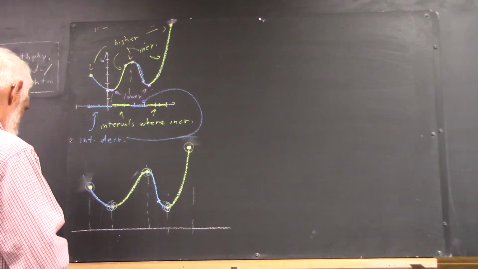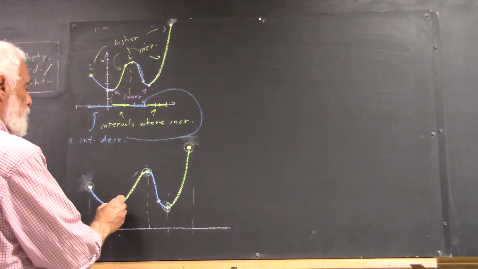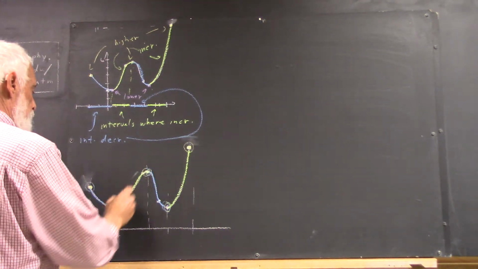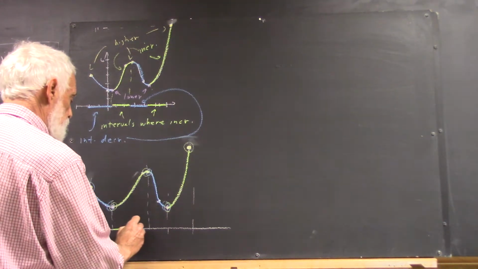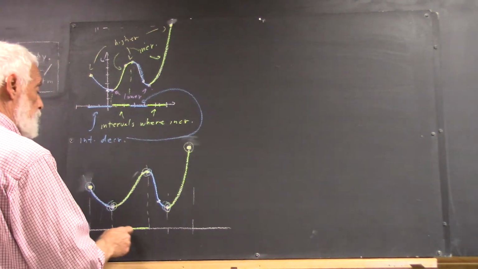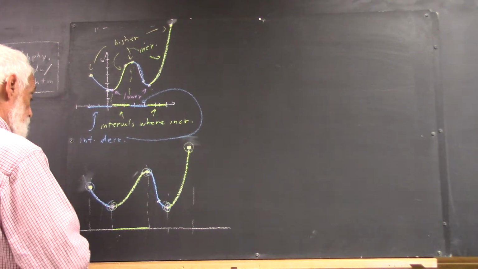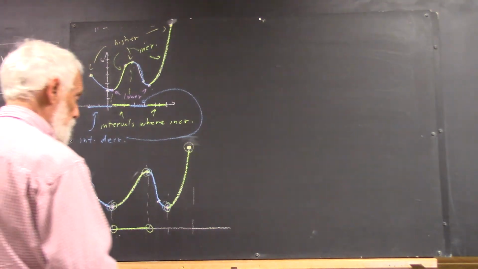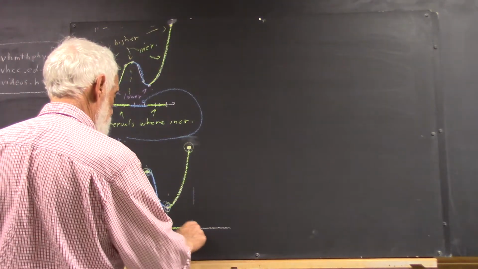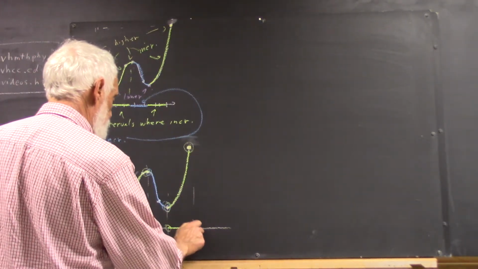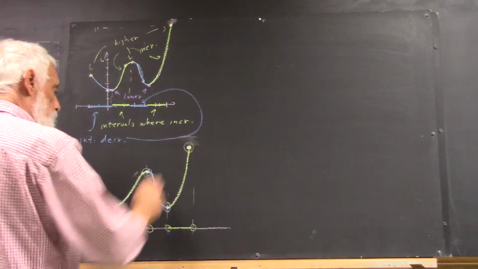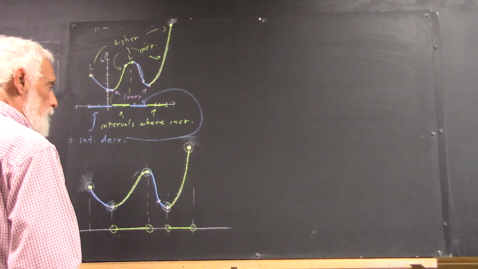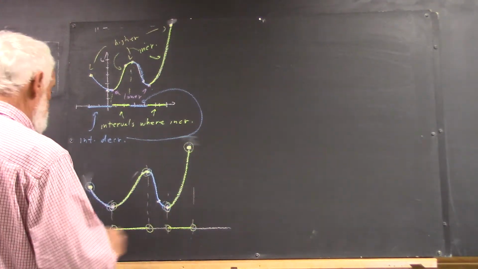It's increasing from here to here, which corresponds to this interval of the x-axis. For these x values, the function is increasing. And I'll make sure I put a green circle around those points, and here, and here. Not at the point where it hits the minimum, not at the point where it hits the maximum, but increasing everywhere in between.